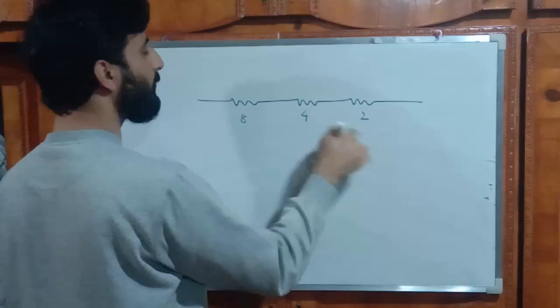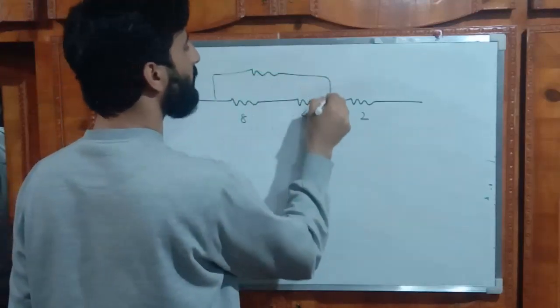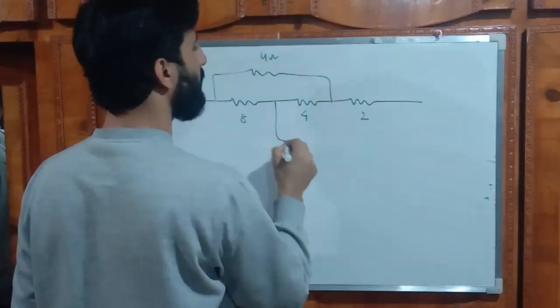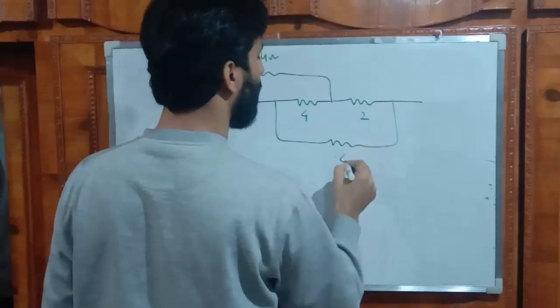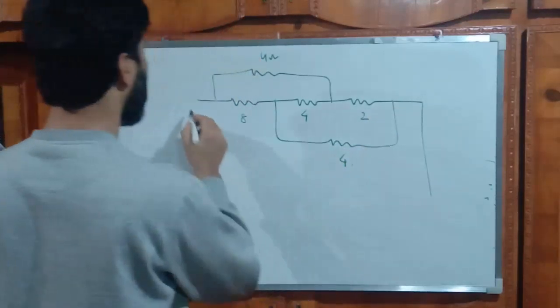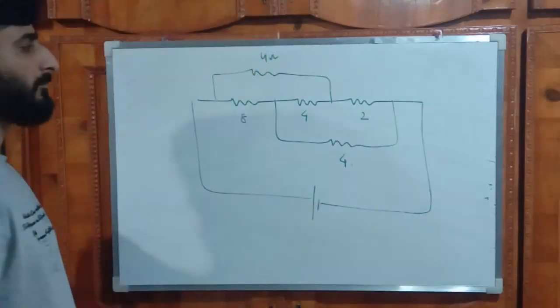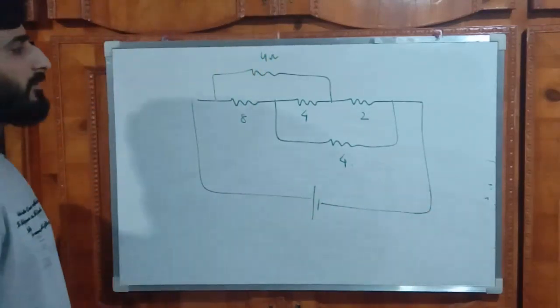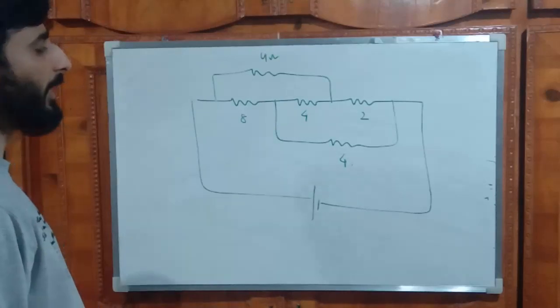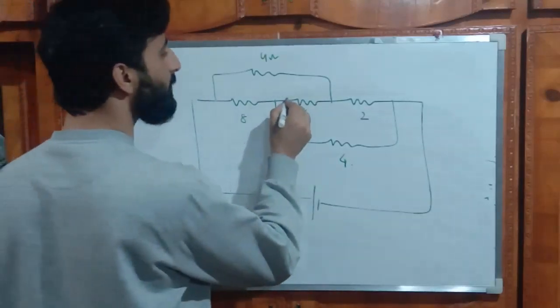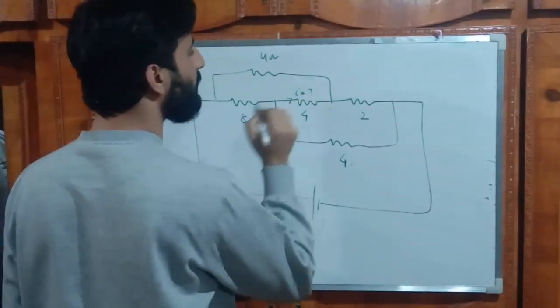It's 8 ohm, 4 ohm, 2 ohms. This is 4 ohms, and this is again 4 ohms. And we are asked to find the current through this 4 ohm resistor.